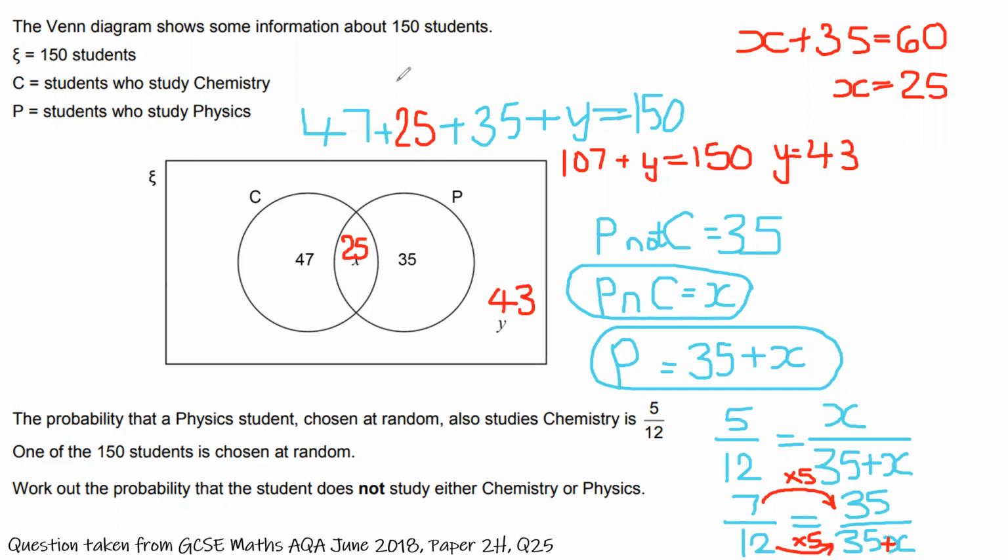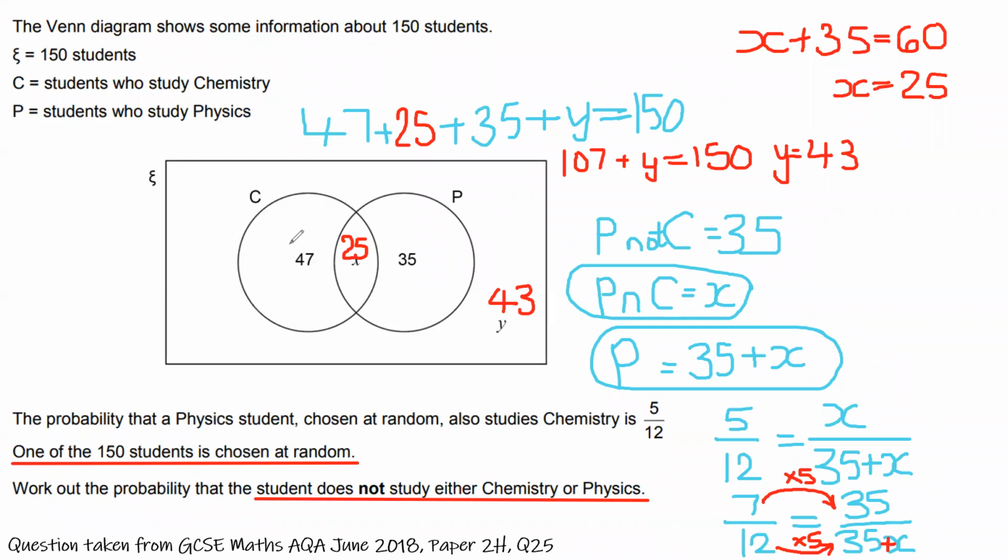So the question that we've been asked, the end part of this question, after all of that maths and algebra and complicated stuff, is we need to work out the probability that the student does not study either chemistry or physics. It's one of the 150 students, so we're talking about all the students now, not just the ones that study physics or chemistry or whatever else. We're looking at all 150 students.